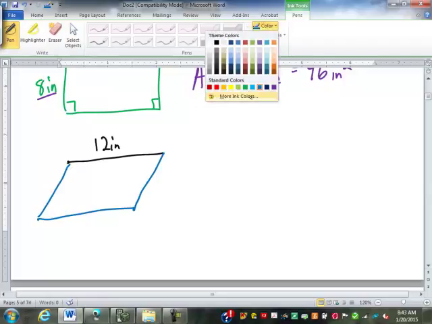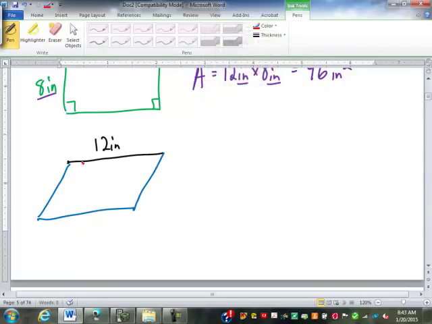The key is that the distance it moved is still measured at a perpendicular. So it started up here at that black line and it ended down here. The distance moved is still measured like that. And as long as that distance moved is still 8 inches, the area here is still 12 inches times 8 inches, or 96 square inches.